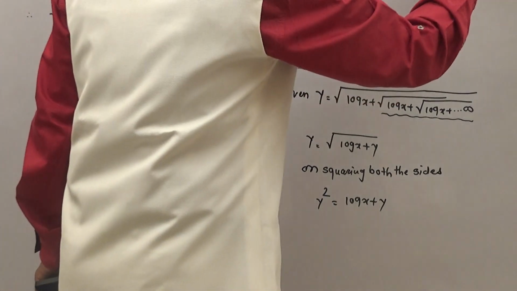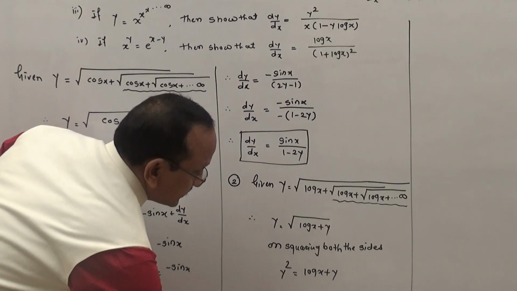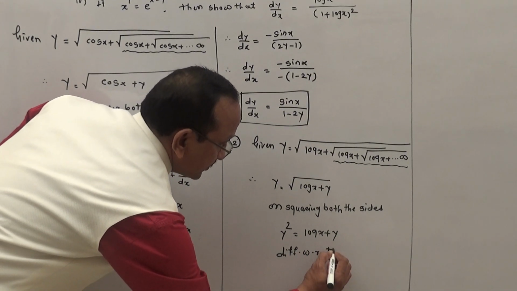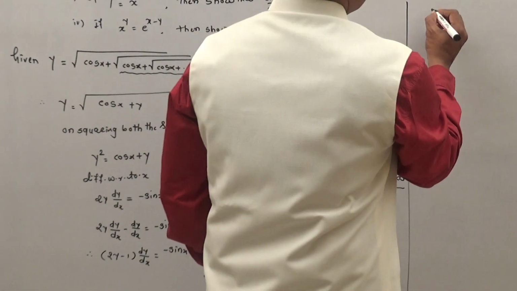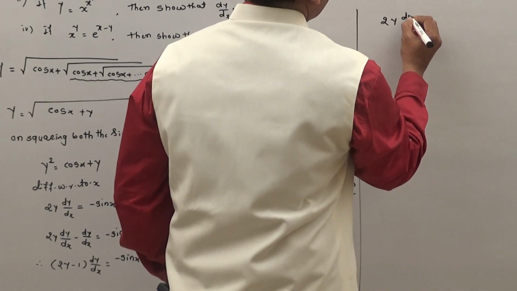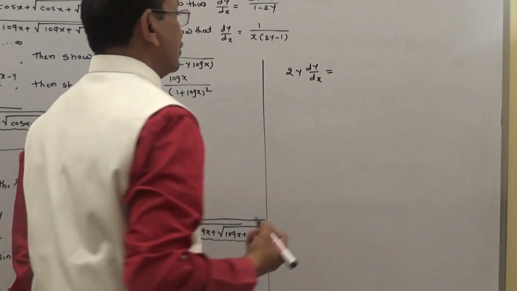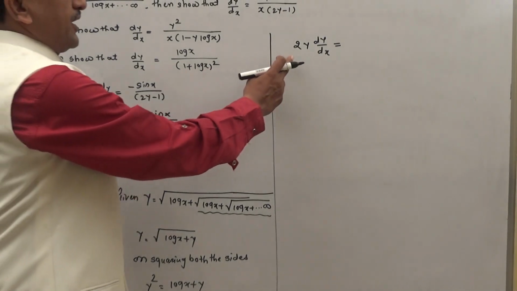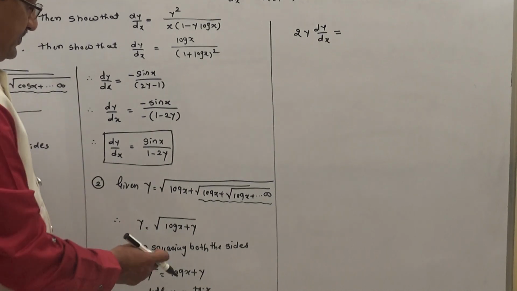Then differentiate this function with respect to x. The derivative of y square is 2 times y into the derivative of y, which is dy by dx.